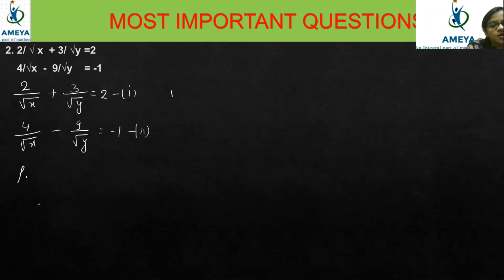So what we will do, we will write: multiplying equation 1 by 3 and adding it to equation 2.